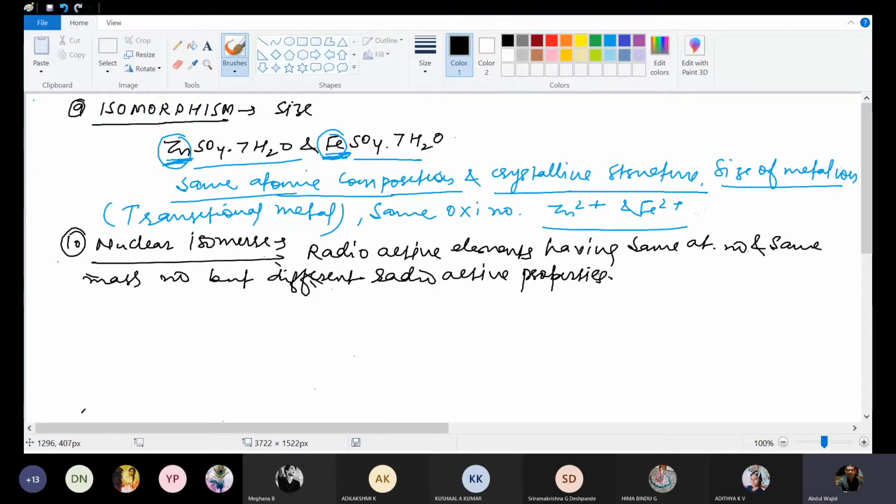So two radioactive elements are there. Their atomic number and atomic mass will be the same, but their radioactive properties will be different.